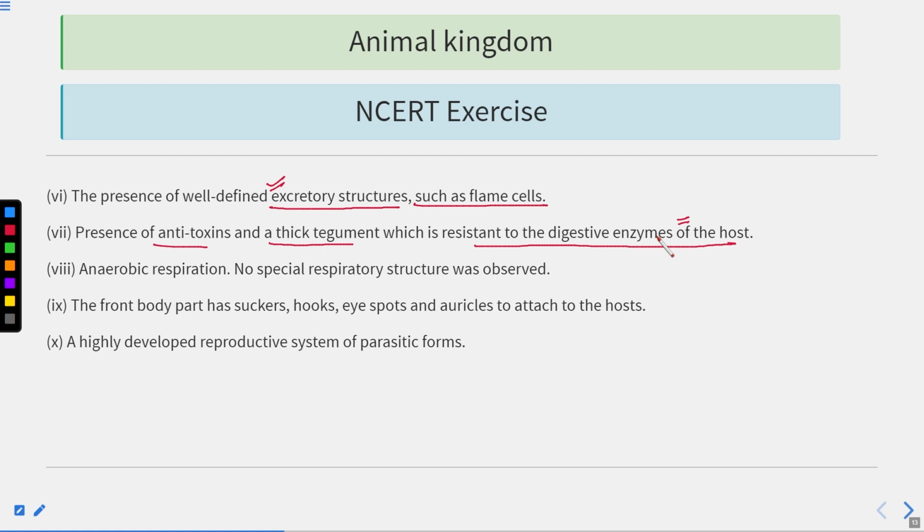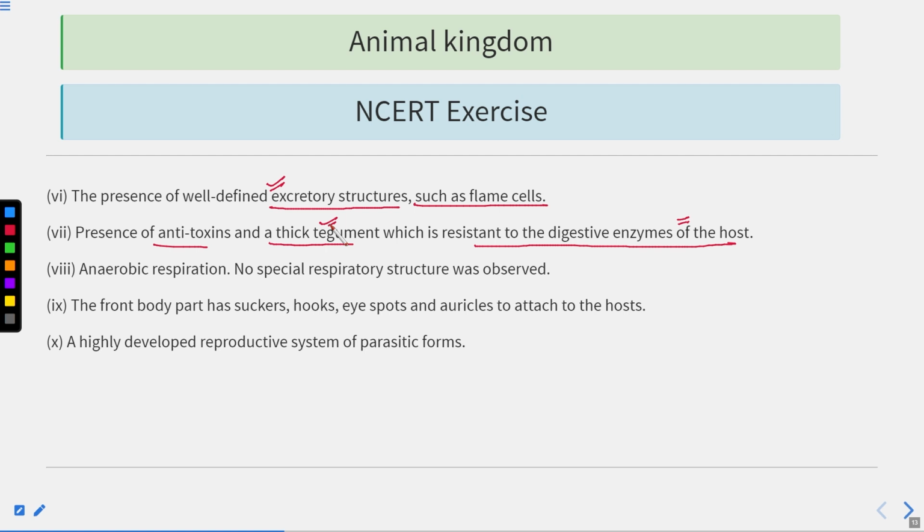So they are living in the digestive tract only. So there are so many enzymes that are released in the digestive tract, and those enzymes could be very, very harmful for the organism. But what happens? Their integument is very, very thick.